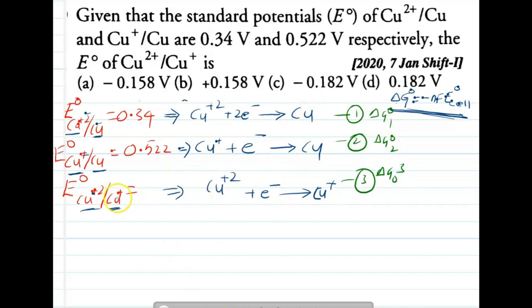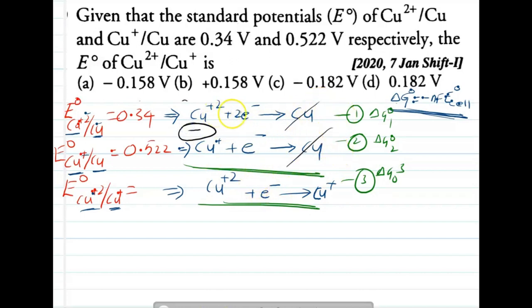So the question is, can we get the third equation from the first and second? Yes, there is a possibility, because we don't need Cu in the final equation. You can subtract equation number 1 minus equation number 2. Cu will be cancelled, 2 minus 1 electron, you will get 1 electron.